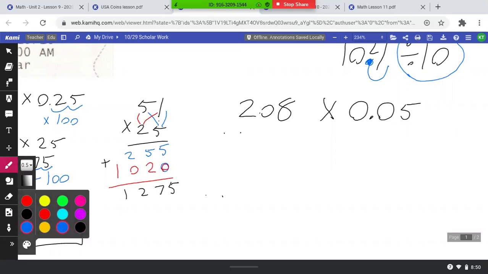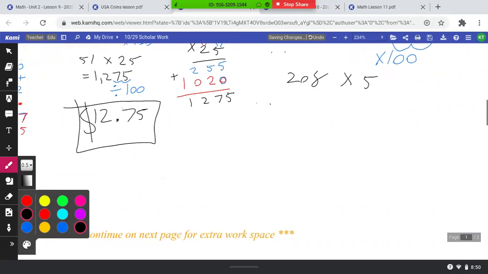So 208 is already at a friendly place value, but 5 hundredths is not. So I want to move that 1, 2 place values. That's going to be the same as multiplying by 100. So now we are doing 208 times 5.